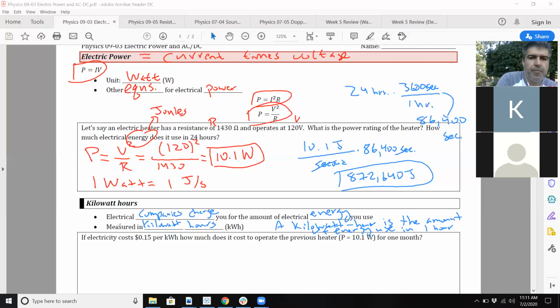So let's assume 1 month equals 30 days. So let's say the month of June, which just passed. Also, 1 day equals 24 hours. We know this.